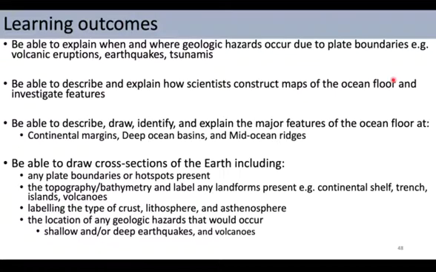So those are considered continental margins, deep ocean basins, and also mid-ocean ridges, which you should now be very familiar with. And then at the very end, I'm going to go over drawing cross sections because you will be doing that in your next discussion activity. So Tuesday of week 2, that discussion activity will be drawing cross sections of the Earth with your groups.